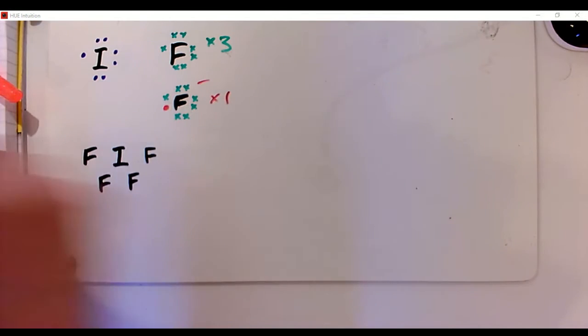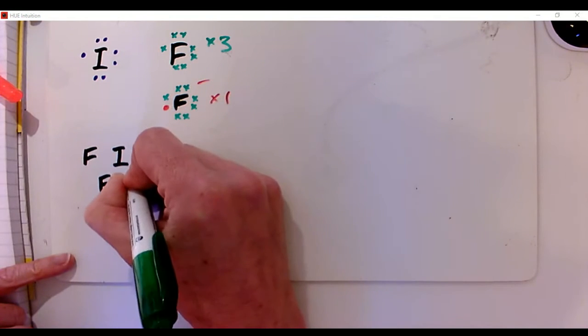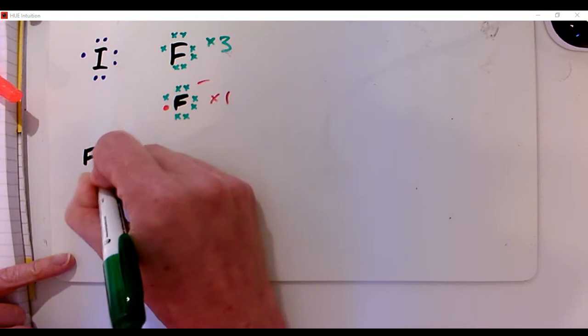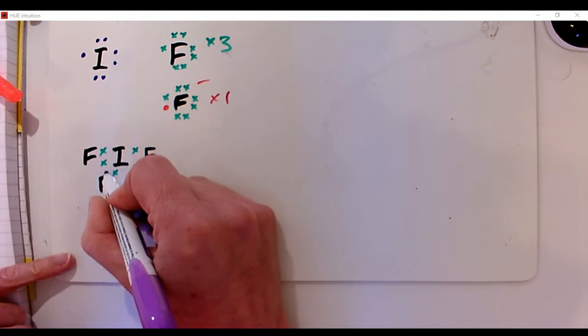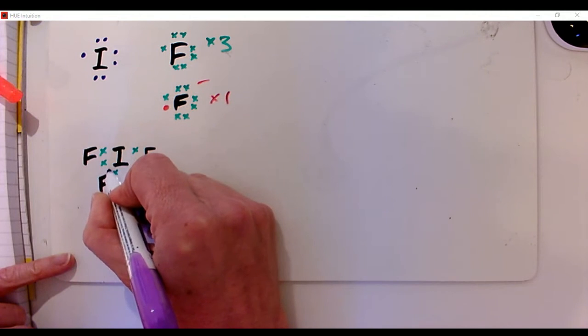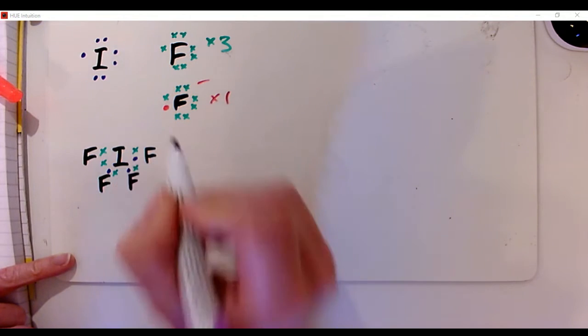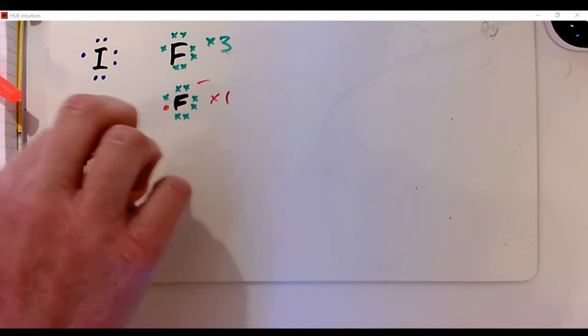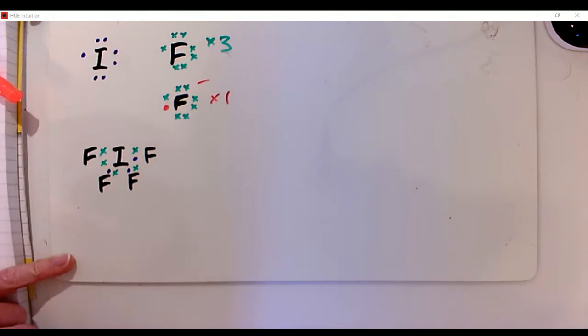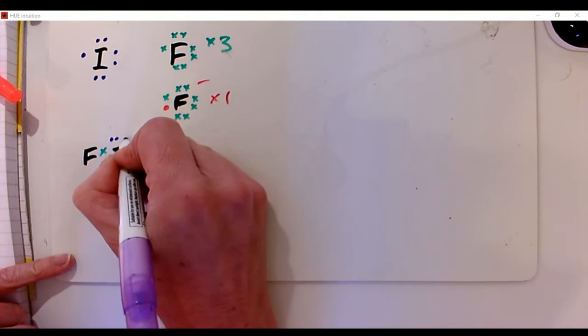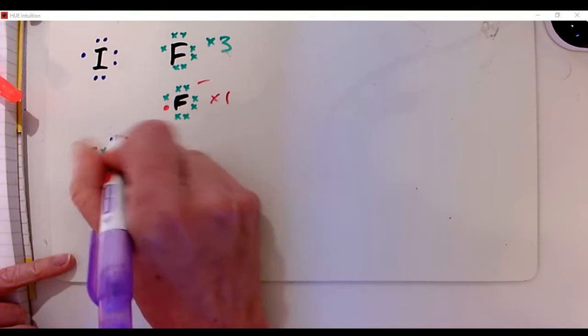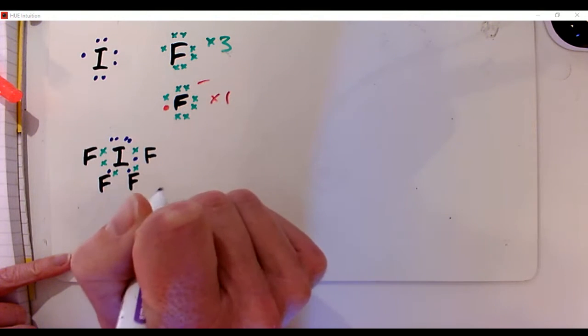So we've got 1, 2, 3, and a coordinate. And then in terms of electrons from iodine, 1, 2, 3, and that will leave 4, so 2 pairs, which gives it an even number, right?